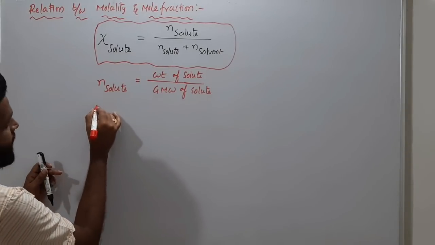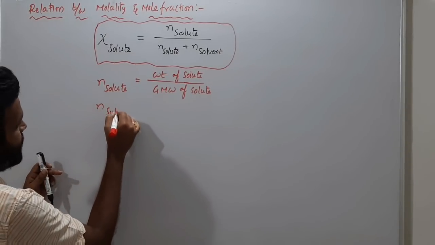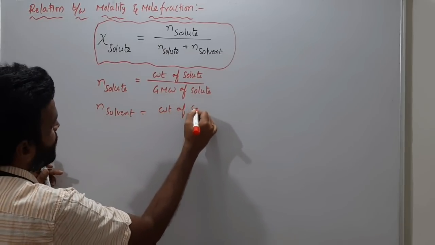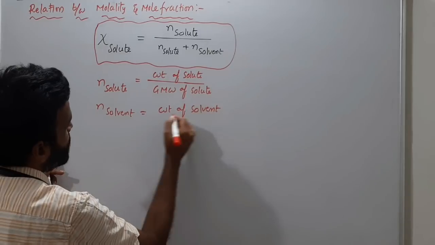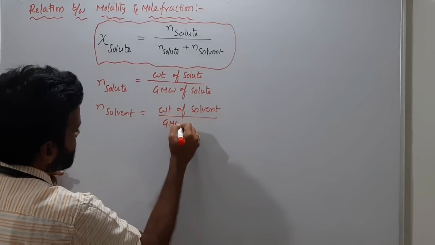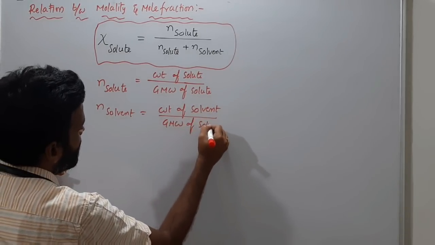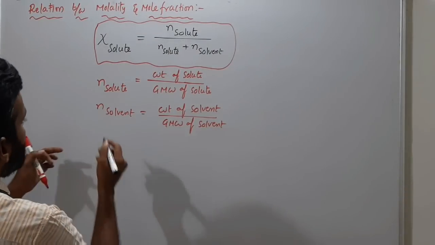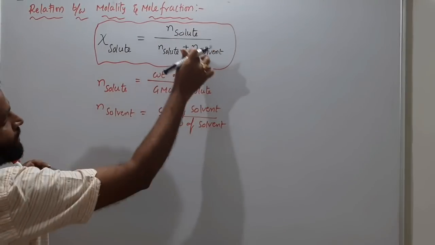And in the same manner, number of moles of solvent is weight of solvent divided by the gram molecular weight of solvent, right? Correct? So now these two we substitute here.